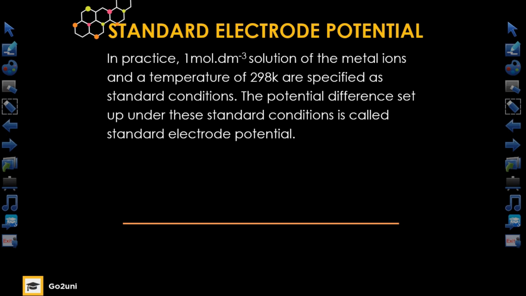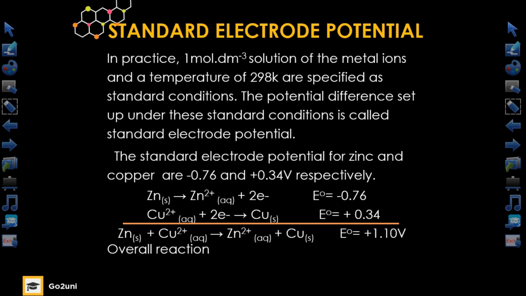And what is this condition? We are talking about a temperature of 298 Kelvin, which is room temperature, that's 25 degrees Celsius, and the solution must be 1 molar, or 1 mole per dm cube. So the standard electropotential for zinc and copper, as we can see displayed, is 1.1 volt.